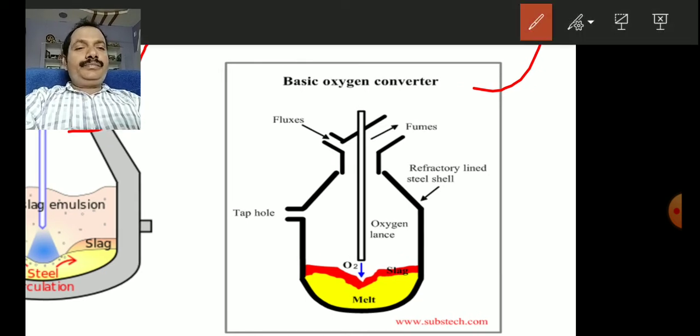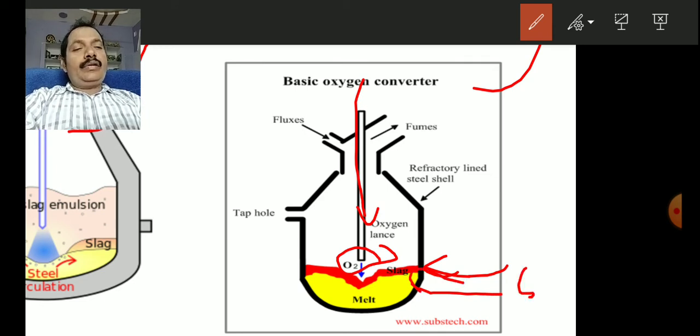So this is the lancer through which we are supplying oxygen, and this oxygen will react with molten pig iron, and hence there are two liquids formed, that is slag and molten steel. This is the slag, this is the steel.